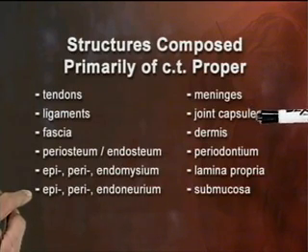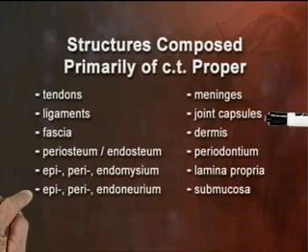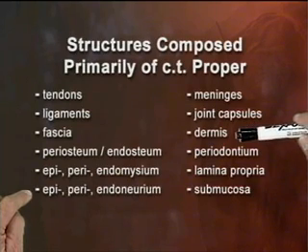Joint capsules, which hold the synovial fluid within synovial joints and also serve to join the skeletal components together in synovial joints, are formed of CT proper. Dermis is the deep of the 2 layers of skin. The outer layer of skin is called, remember, epidermis, and the deeper layer is dermis, and the dermis is actually CT proper.